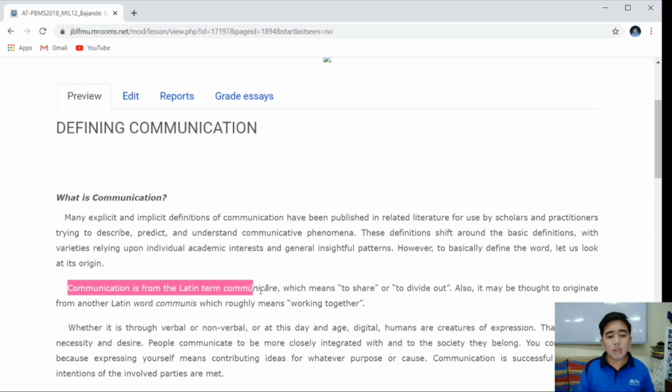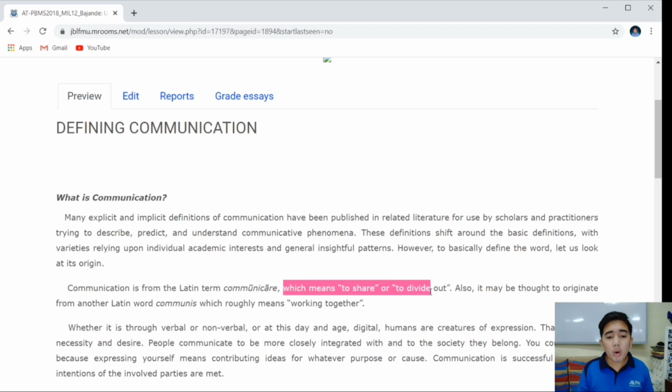Next, however, to basically define the word, let us look at its origin first. Communication is from the Latin term communicare, which means to share or to divide out.